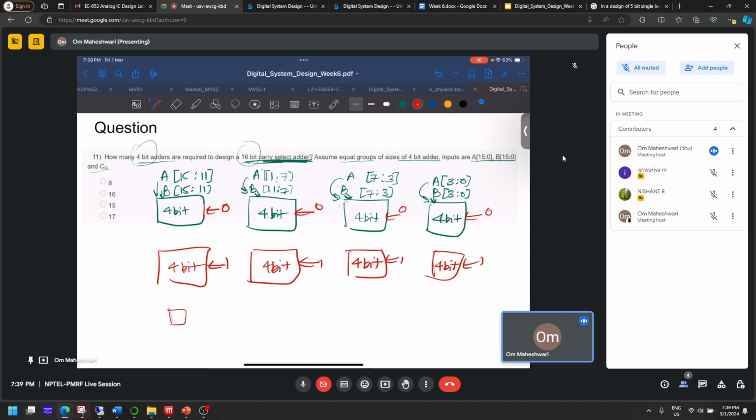Next they will have a mux, which will decide which one is the output, right?